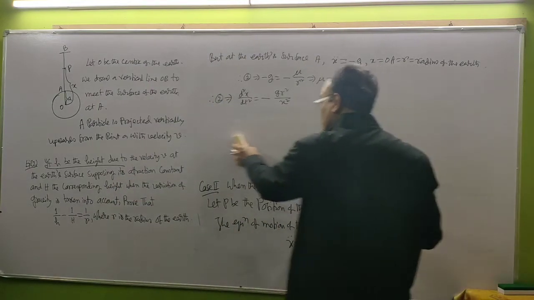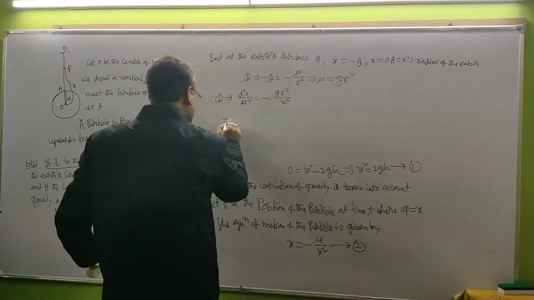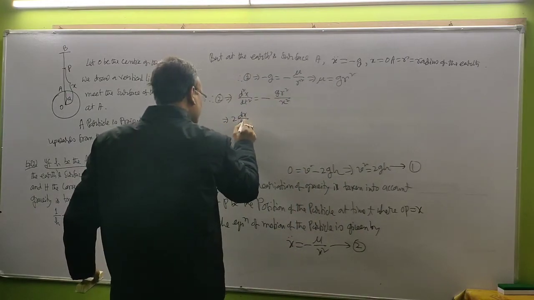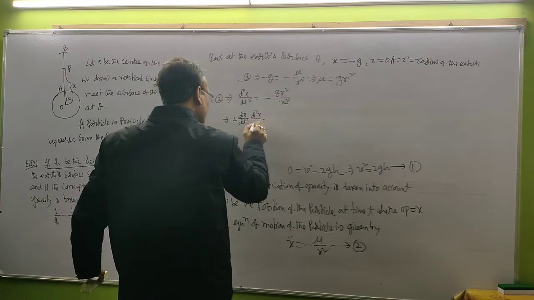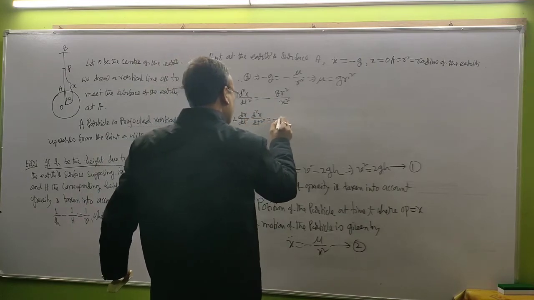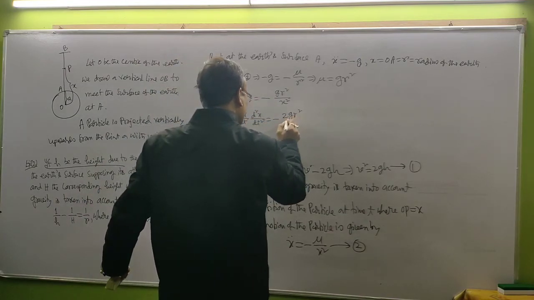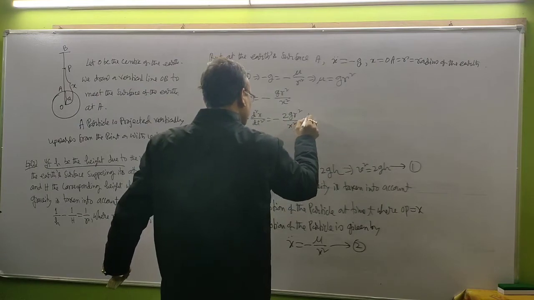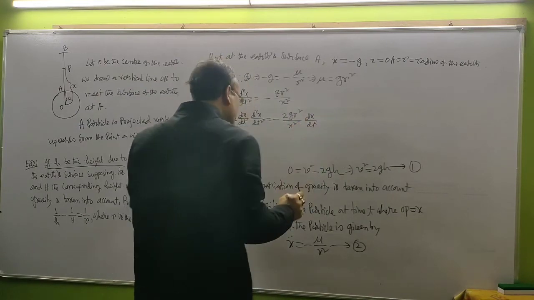Multiply both sides by twice dx by dt. 2 times dx by dt times d2x by dt square equals minus 2 times g r square divided by x square times dx by dt.